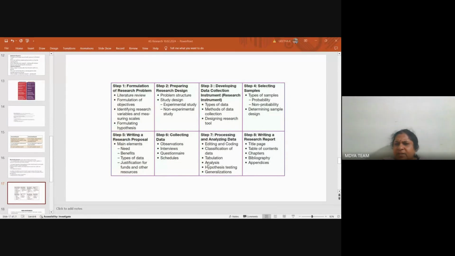You might have taken something like Ayurveda. So in suggestions we may say that in future research, diet may also be added for a better result. So this is what is called the research process.